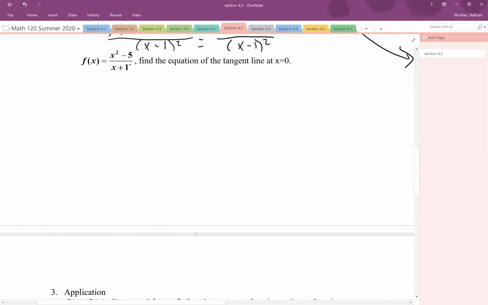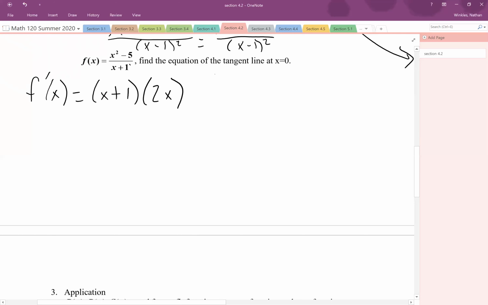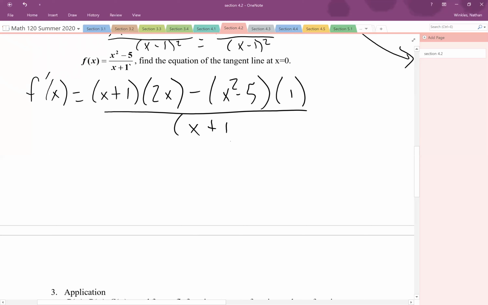The next problem here: f of x equals x squared minus 5 divided by x plus 1. It says find the equation of the tangent line at x equals 0. So just because we got a different style function doesn't mean we can't find anything that we've already been finding. So the first thing we need is our derivative, f prime of x. So low d high minus high d low over the bottom squared.